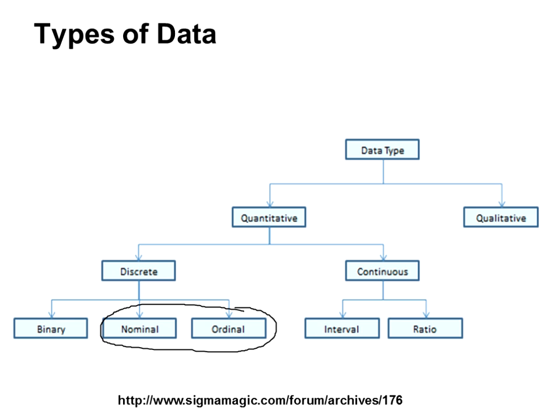All right, although nominal is category only, so like eye color or hair color, that's not quantitative data. So I put a question mark here. That's what I don't agree with. I would put that over here.